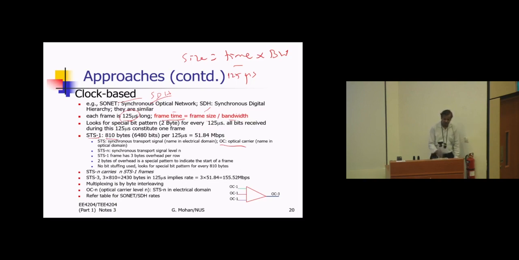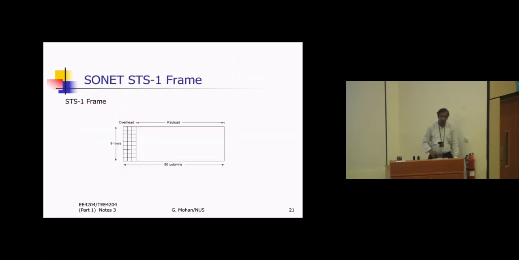It uses 810 bytes, and we usually represent this as a two-dimensional array. Note that this is only a representation. When it is transmitted, it is transmitted bit by bit, right? But for easy understanding, we draw it like this.